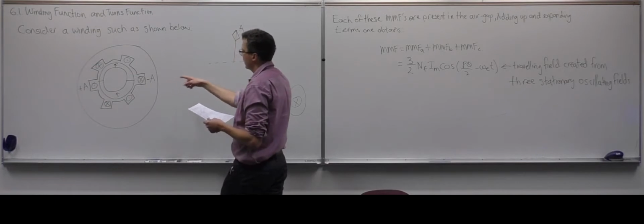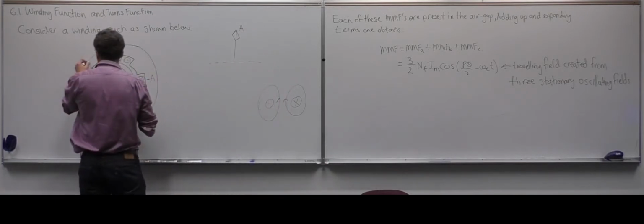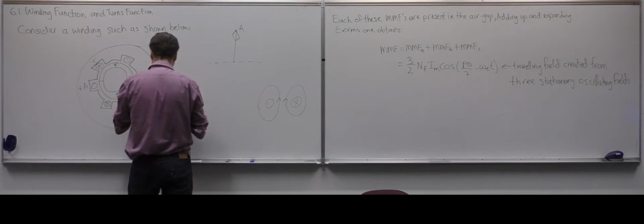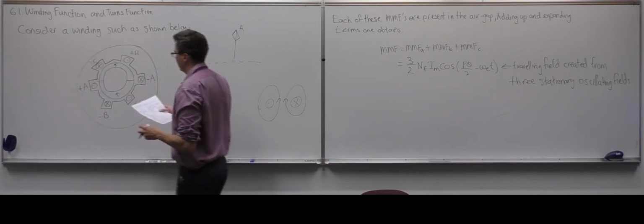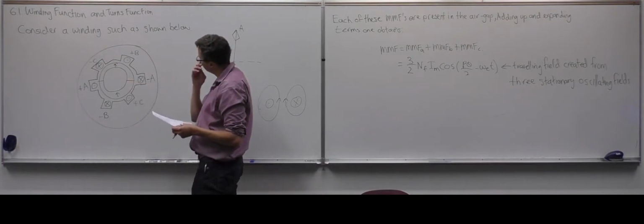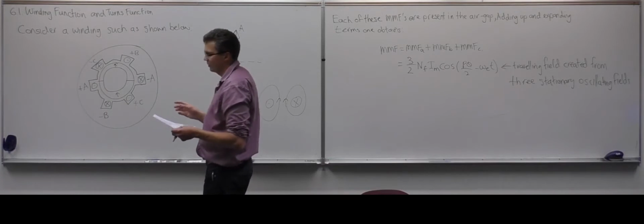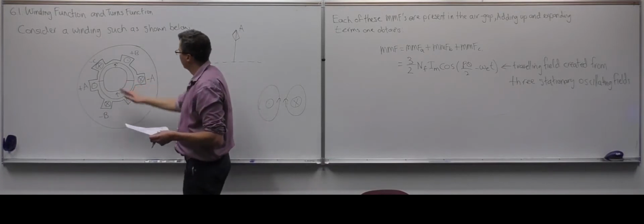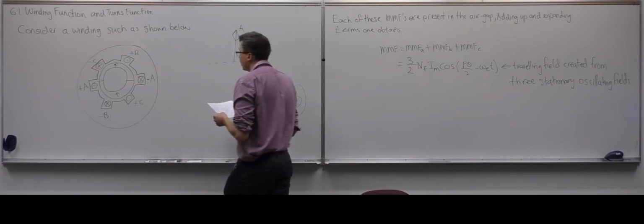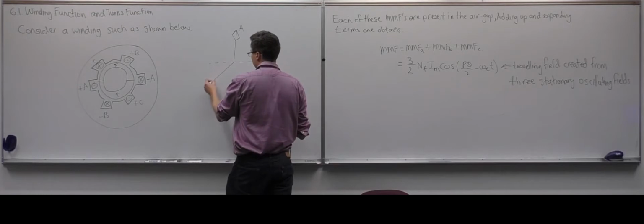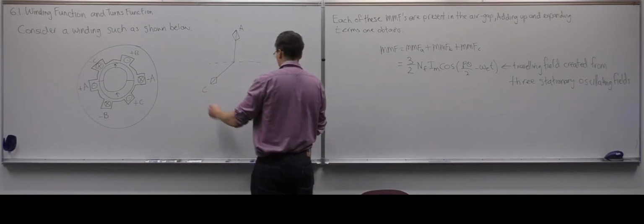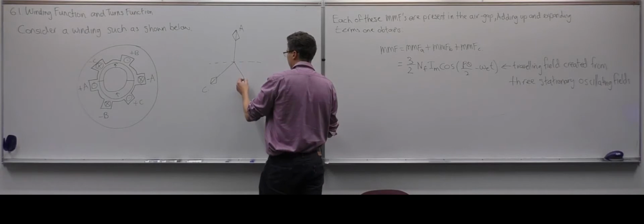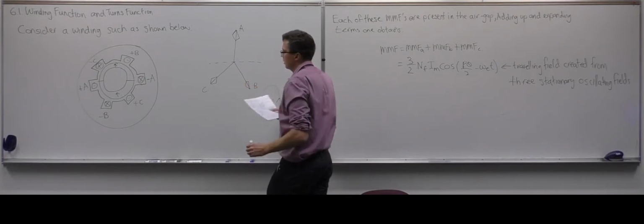Minus C, plus C, plus B, minus B. So now these are 120 degrees phase shifted with respect to the A. The flux created by the C winding, if energized, would be down like this, and then the B winding would create a flux vector in this direction, like so.